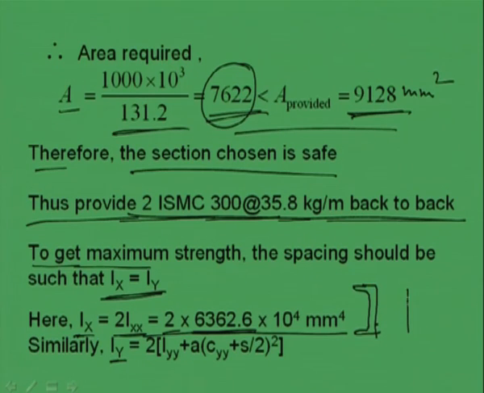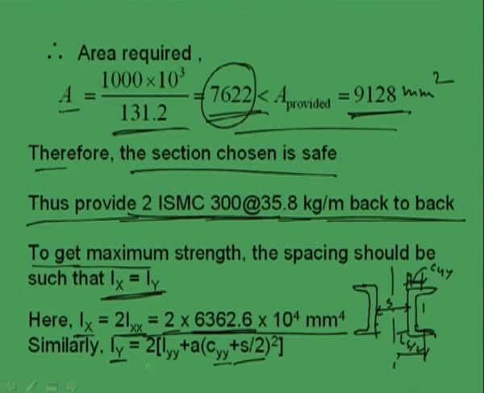Let us see, say these are 2 channels placed back to back. So, what will be Iy? Iy will be the individual Iyy plus A into Cy plus S by 2 whole square, because the total spacing is S, right. So, Iy is 2 into Iyy plus A into Cyy plus S by 2 whole square.